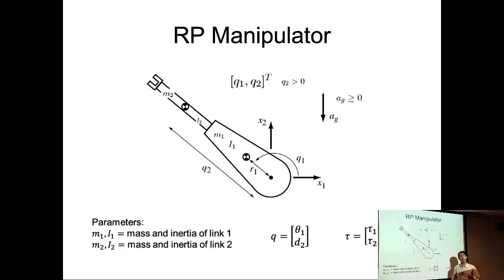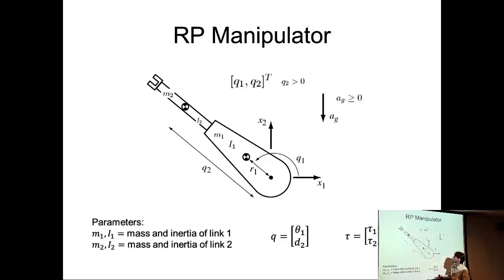Let's consider this example. It's a 2 degree of freedom robot. This robot has one rigid body here that has this revolute joint and center of mass located as such. And it has a second rigid body over here with its center of mass located there, except this rigid body is subject to motion through a prismatic joint.